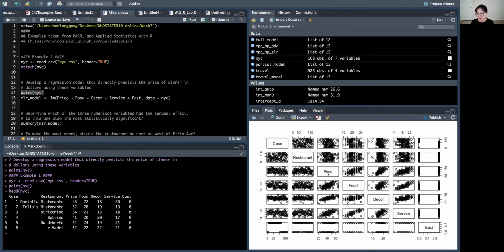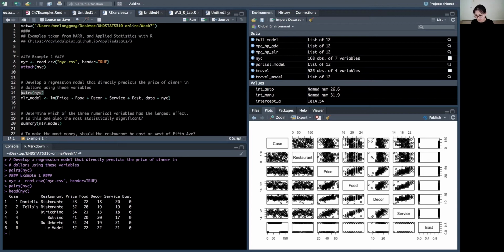On the diagonal, it shows all the variables that you have in this data set. We want to focus on this row and take a look at the relationship of each of these variables with the price variable, the relationship between our y and all the other variables x.